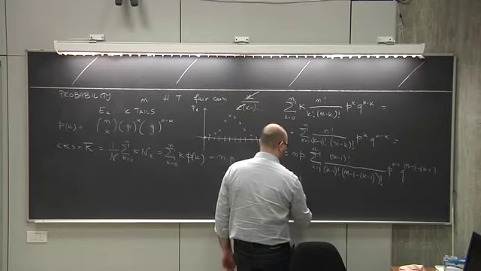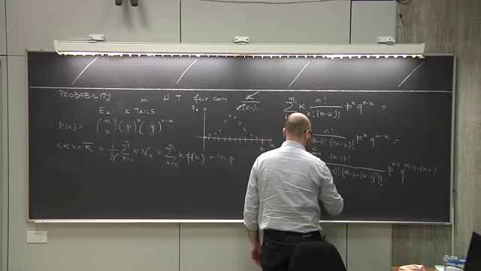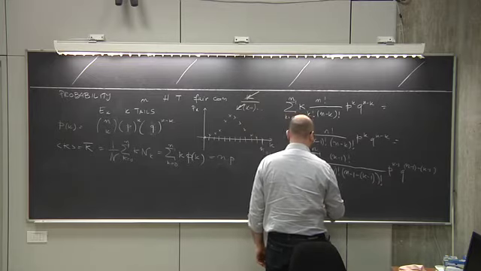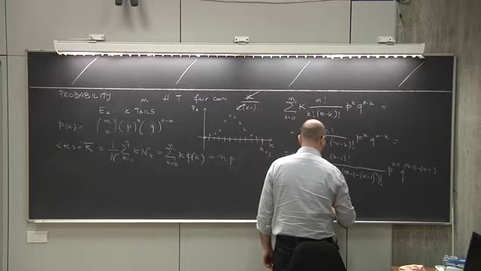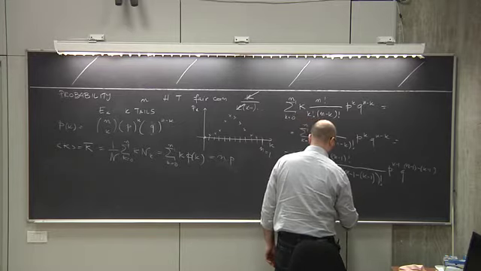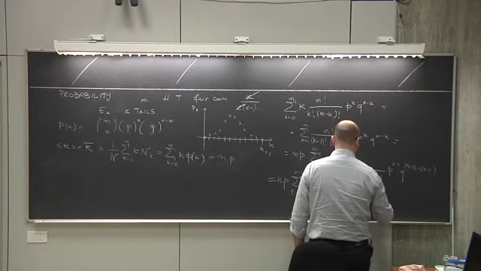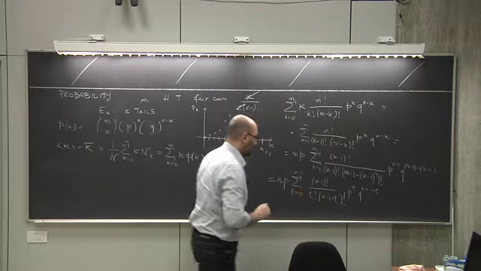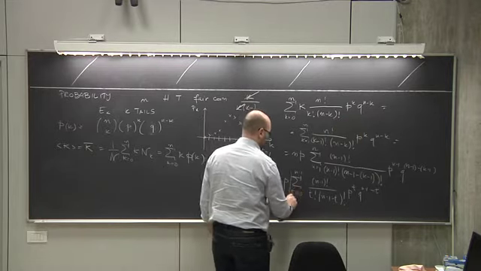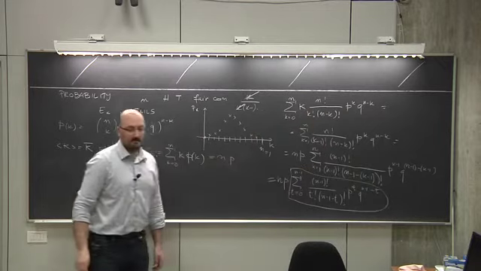So t goes from 0 to n minus 1, n minus 1 factorial divided by t factorial, n minus 1 minus t factorial, p to the t, q to the n minus 1 minus t. But the sum is what?